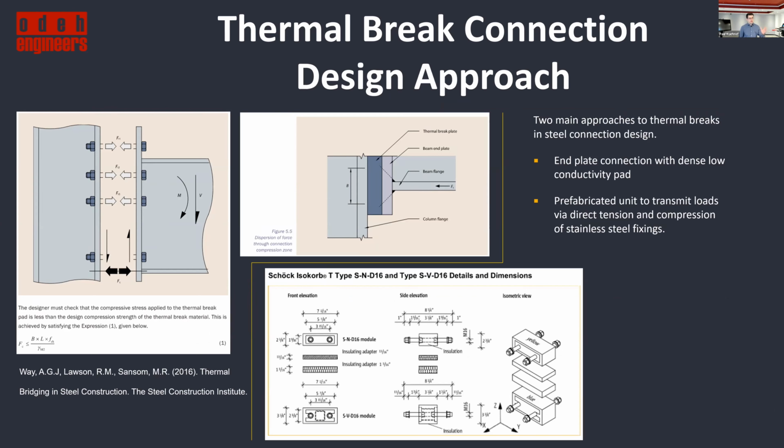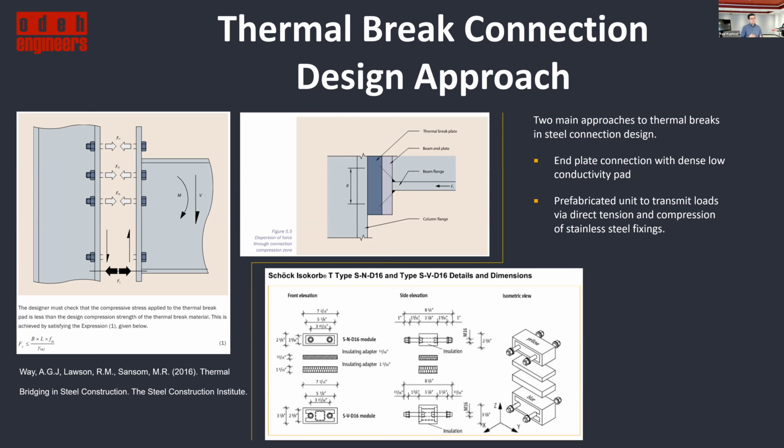Those two figures on the left are from that guide, and it walks you through the design of one of these connections, accounting for the shear and reductions through the pack layer of your thermal break, and the stress distribution from your bottom flange in a bolted wide flange moment connection. So I really encourage you to seek out this resource and study it, or use this as a guide for checking your connections.